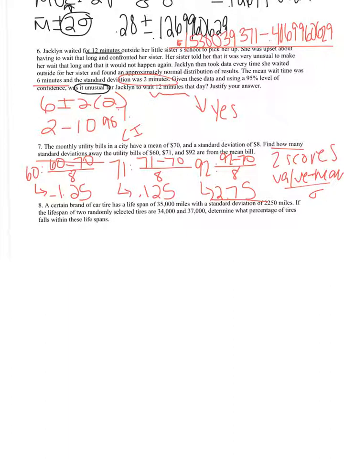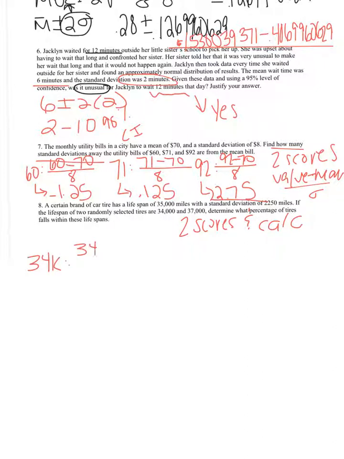And then for number 8, the car tire has a mean lifespan of 35,000 with a standard deviation of 2250. If the lifespan of 2 randomly selected tires would be 34,000 and 37,000, determine what percentage of tires falls within these lifespans. First you have to find the z-scores, and then you have to use your calculator to find the percentage. So first you would find the z-score for 34,000.